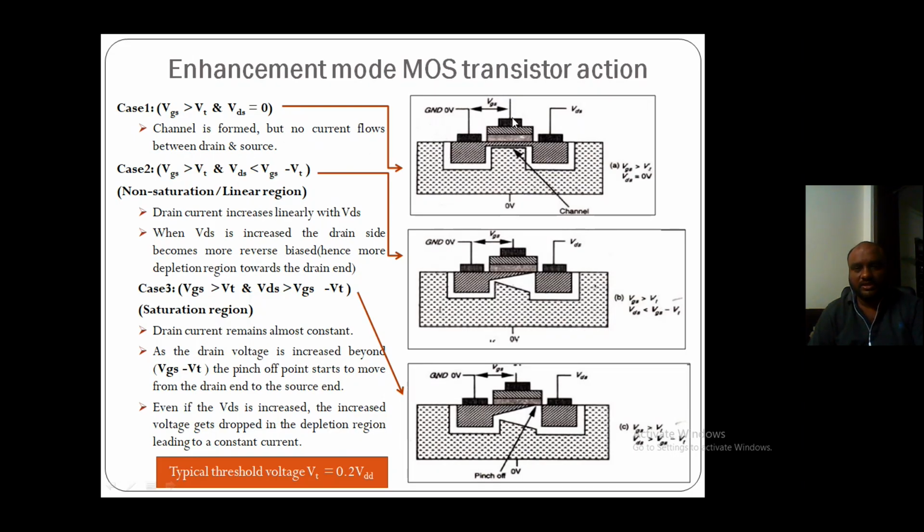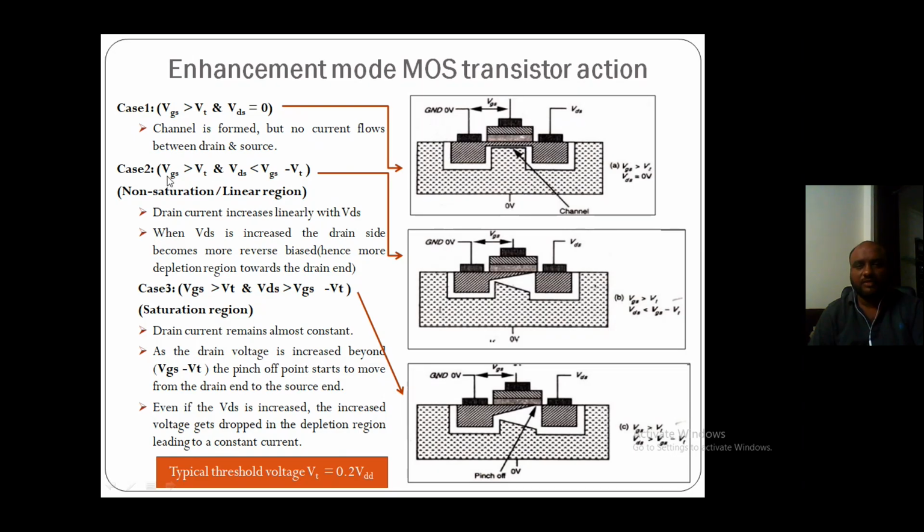So the gate voltage has reached the minimum voltage required to form the channel, which is called the threshold voltage. But as there is no potential difference between drain and source, there will not be any current flow between source and the drain.